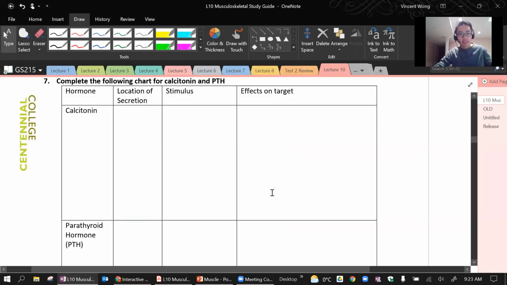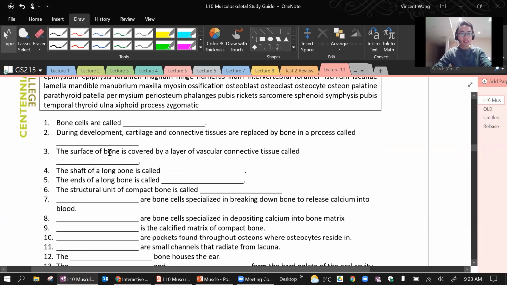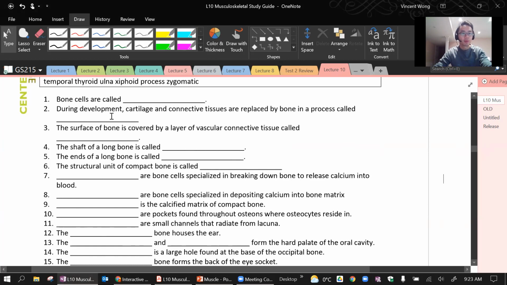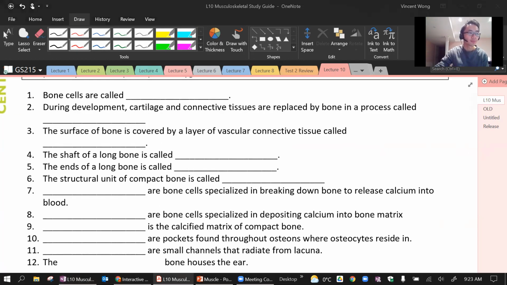Moving on, let's fill in some of these things. What do we call bone cells? Bone cells are called osteocytes.